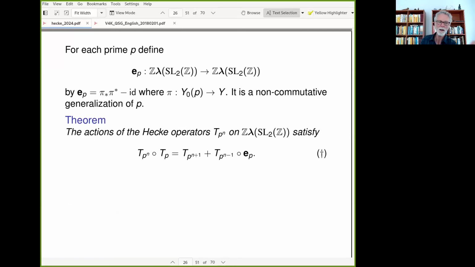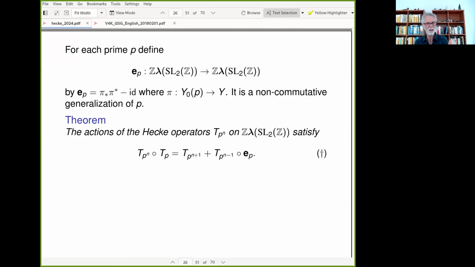And since pi in this case has degree P plus 1, when you subtract off the identity, this operator essentially has degree P, but it's a non-commutative kind of P. And so the first place this appears is the relation between the T_{P^n}. These satisfy the following relation: if you take T_{P^n} and compose it with TP, it's not T_{P^(n+1)}.